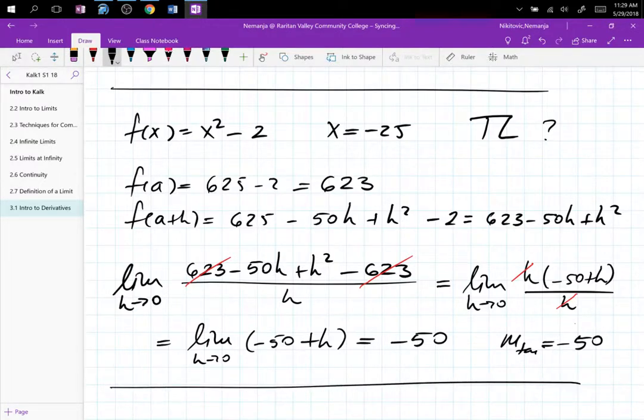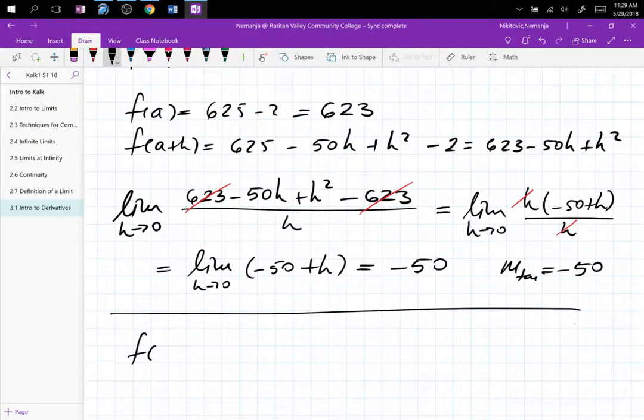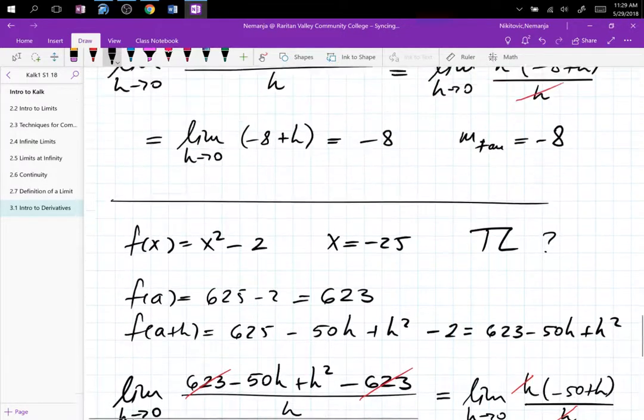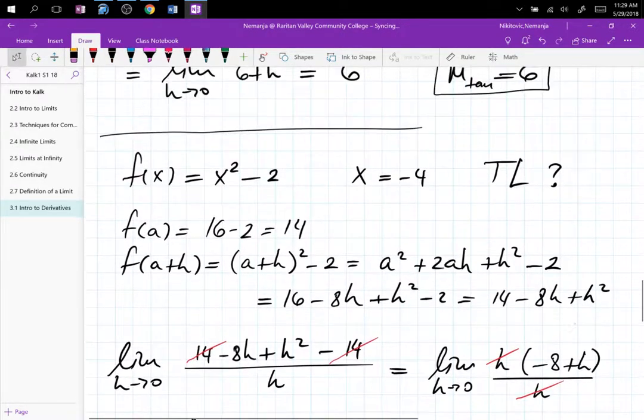And here it is. I sense it, but yep, f of x is x squared minus 2, and now x equals 7. Can anyone tell me what the answer is without computing? 14. Seems there to be a pattern, right?